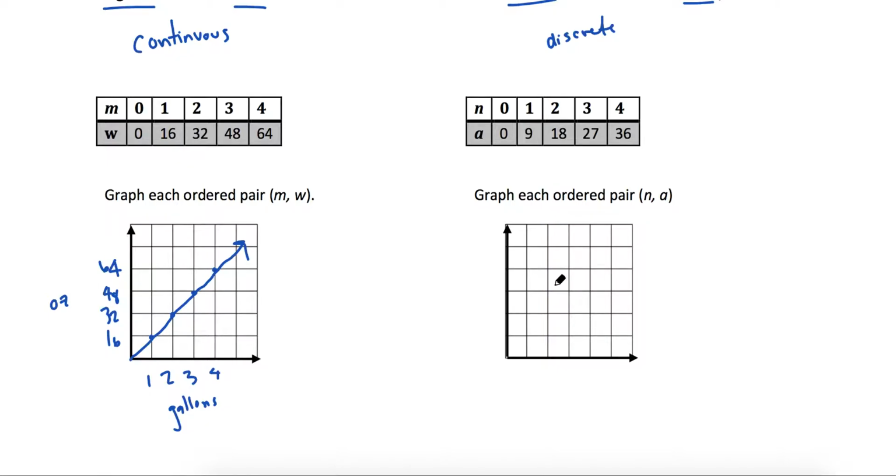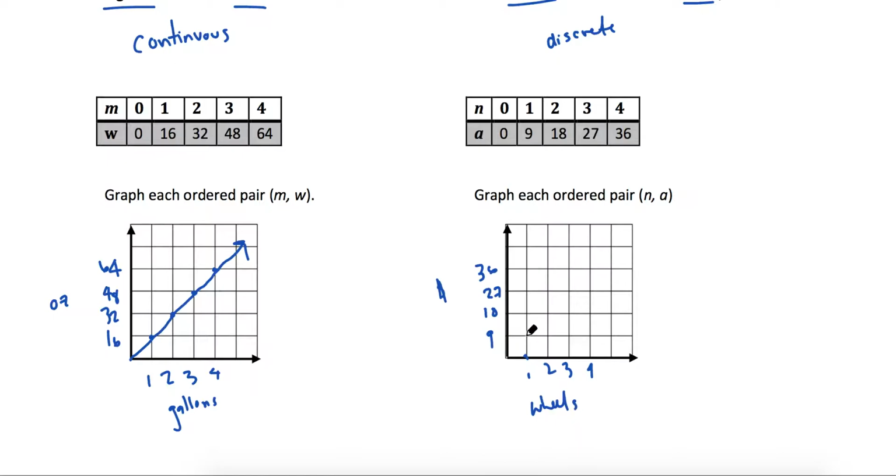But over here, when we go ahead and graph this data, we can't necessarily do that. Those are the wheels of cheese we have, and here's the amount of money we're making from them. I'm making a very convenient scale just to make this quicker. So we've got money over here and wheels of cheese down here.